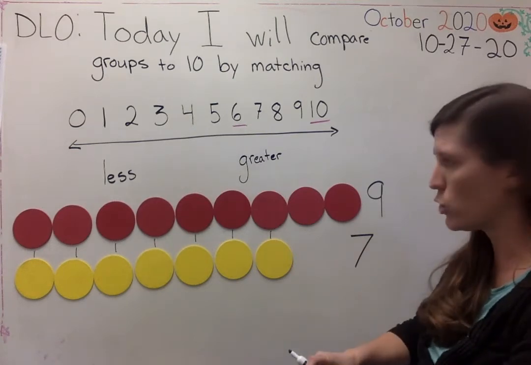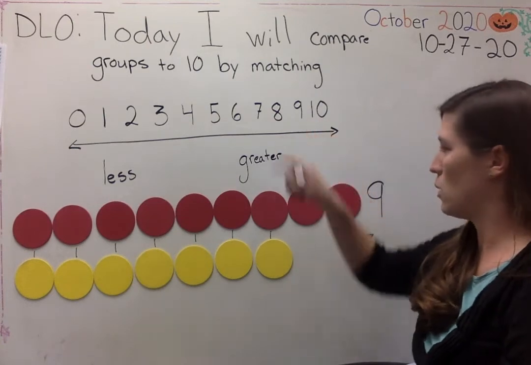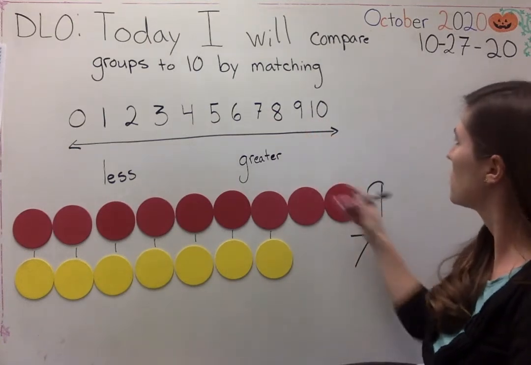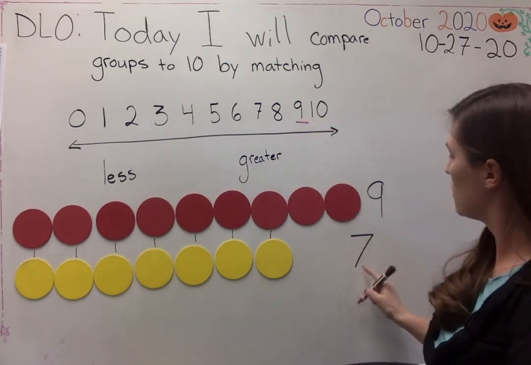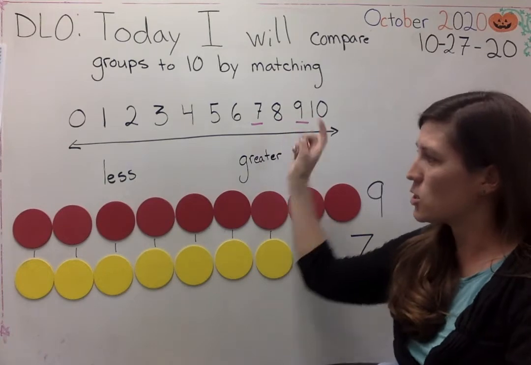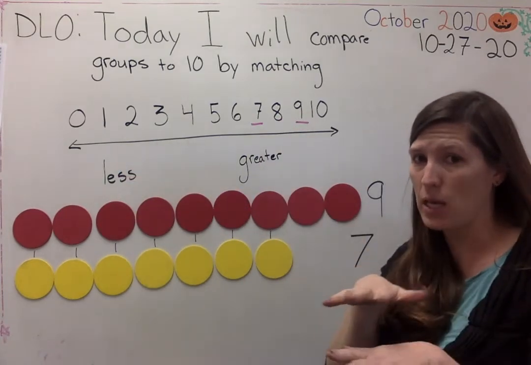I wanted to know which group is greater, farther away from 0. So let me mark my 9 and 7 up here. Here's number 9, and here's number 7. 7 is closer to 0, so 7 is less, not as many.